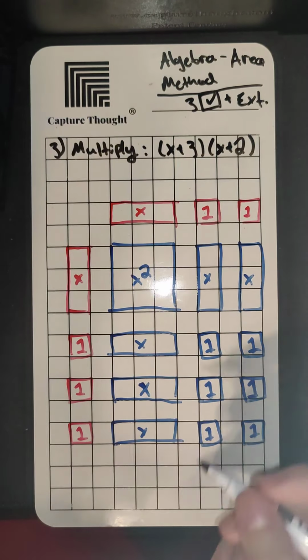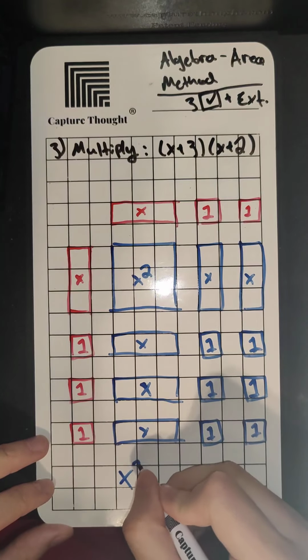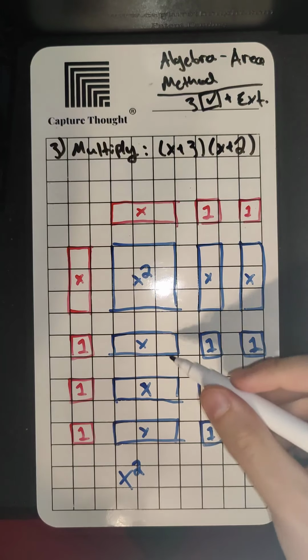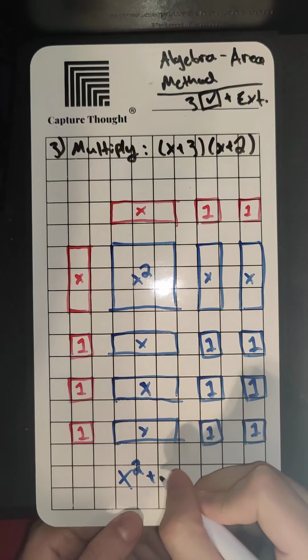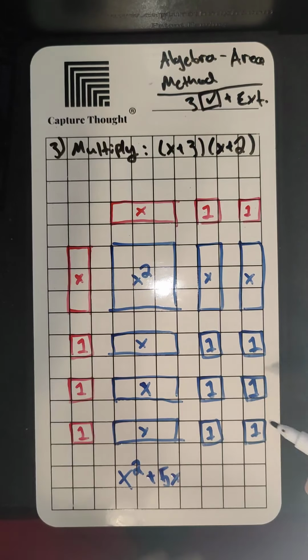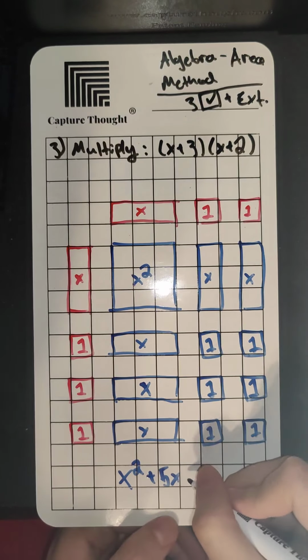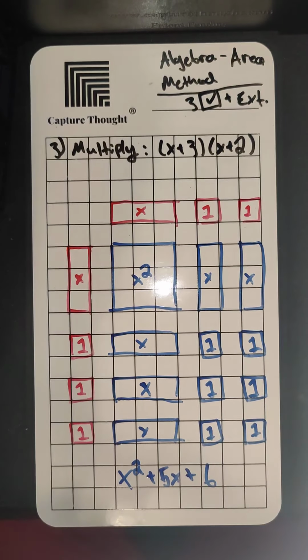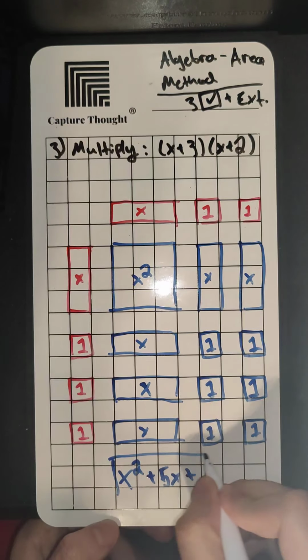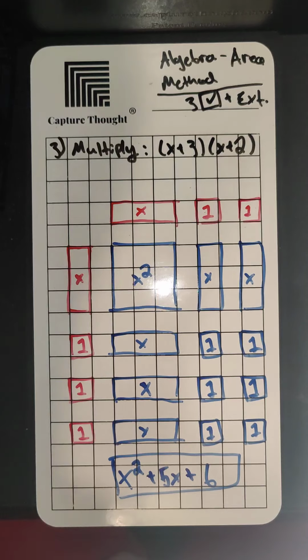So we just add them all together. We have 1 unit of x squared, 1, 2, 3, 4, 5 units of x, and then 6 units of 1. So your answer here is x squared plus 5x plus 6.